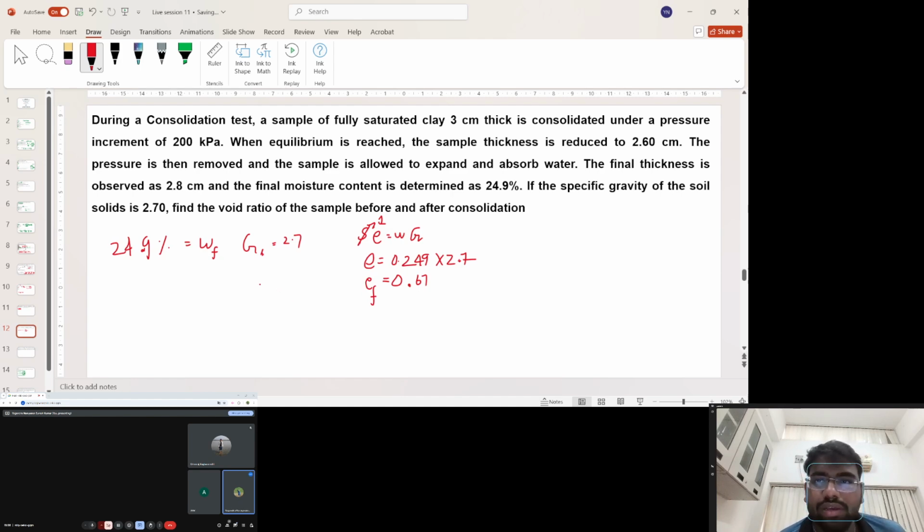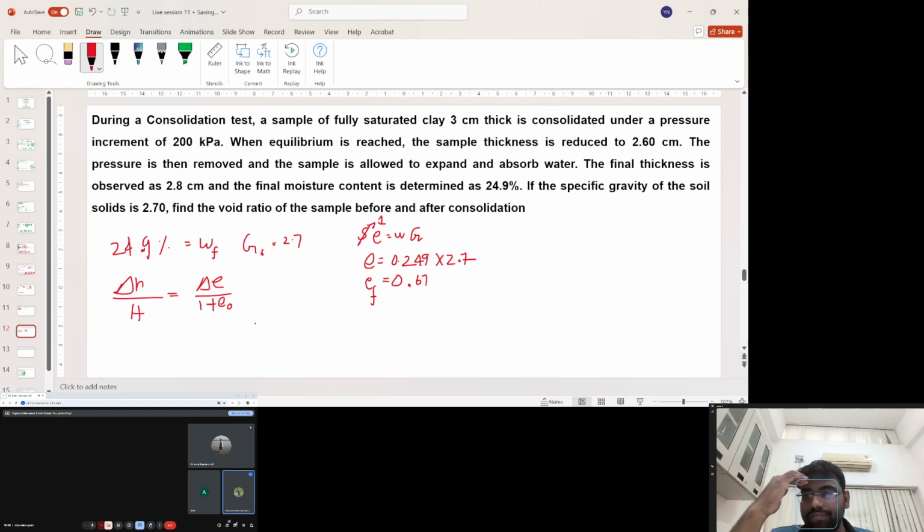So now the thickness. Here we have to find the change in void ratio. So delta H by H is equal to delta e by 1 plus e naught. For this condition we are back calculating.